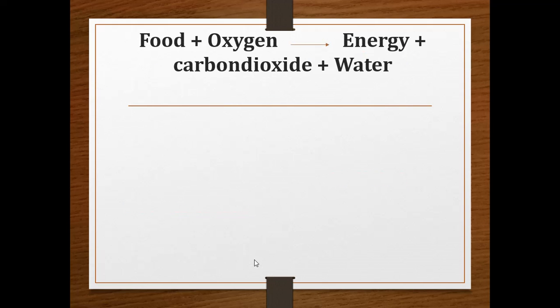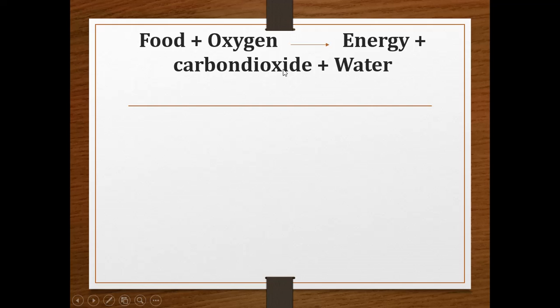Now let's see the flow chart here. You can see food. Yes, food which we are taking in reacts with the oxygen and forms energy which is needed to do work, and carbon dioxide plus water.